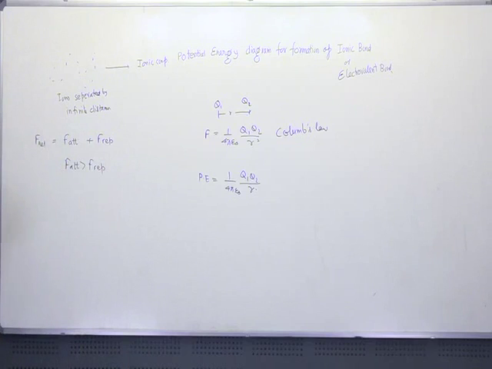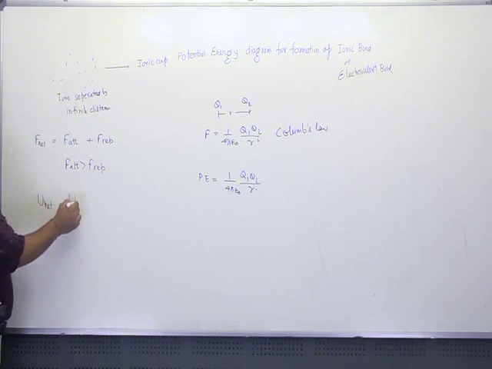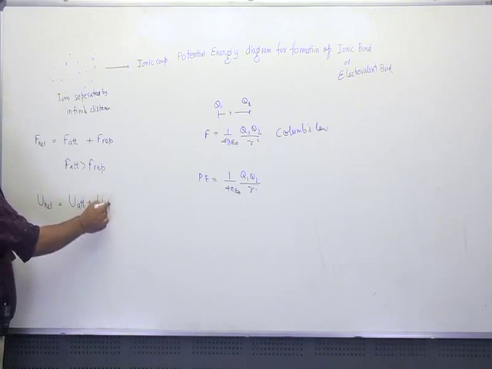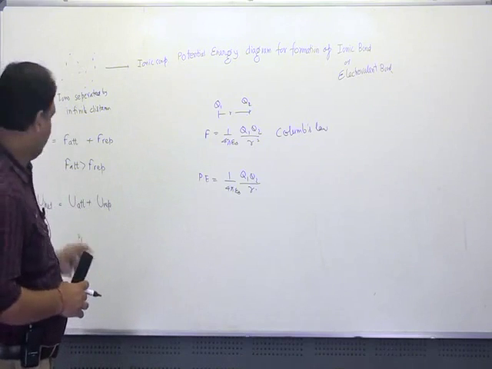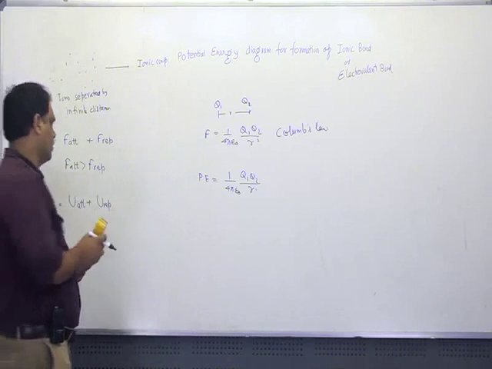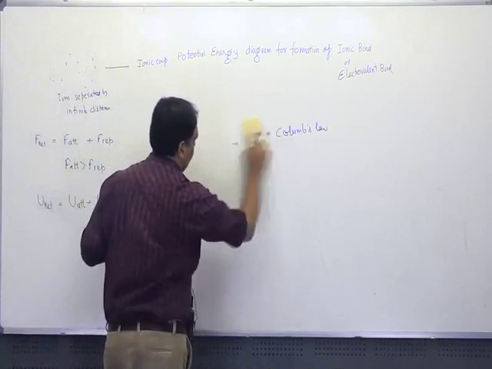So these ions are moving close to each other. Or we can write net potential energy of the system will be equal to potential energy due to attractive force plus potential energy due to repulsive force.